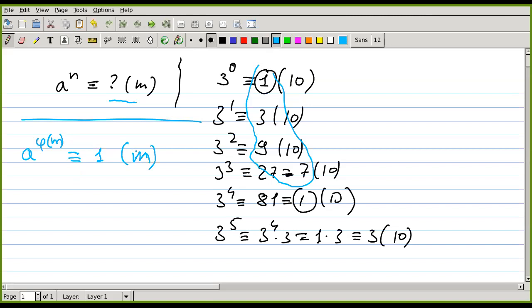Is it clear? Yes. But what is this function phi of m?